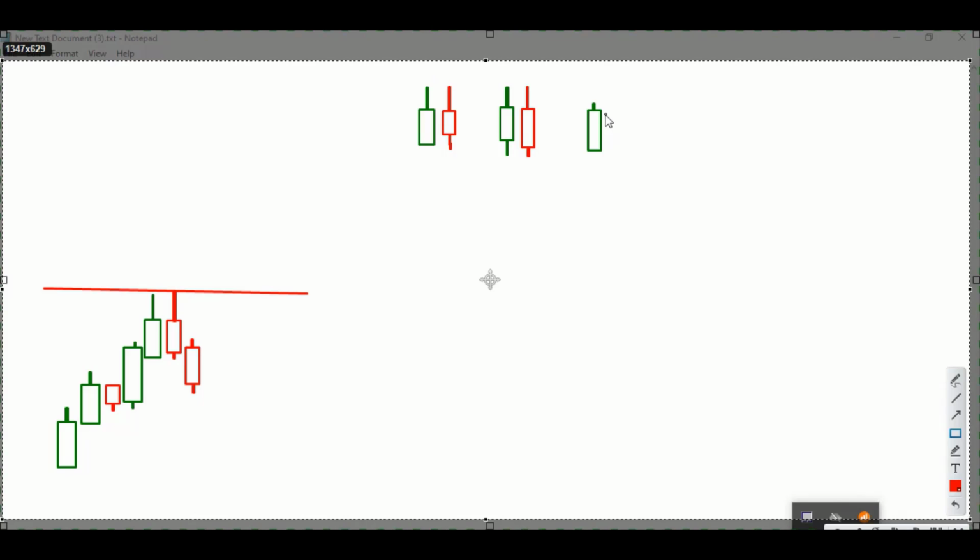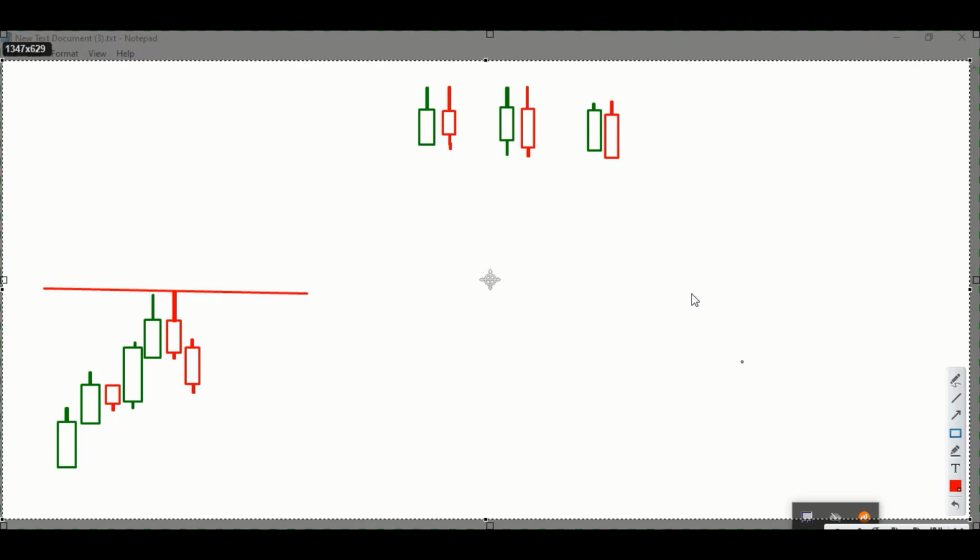There are so many shapes we can find in the market, like this one or this one. The rejection is from almost the same level.